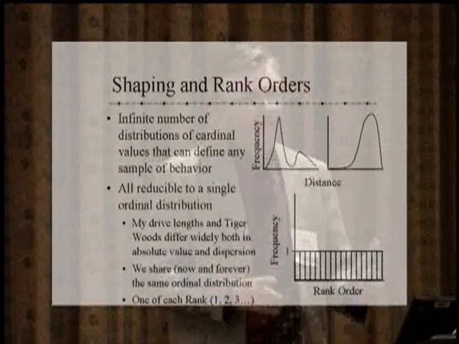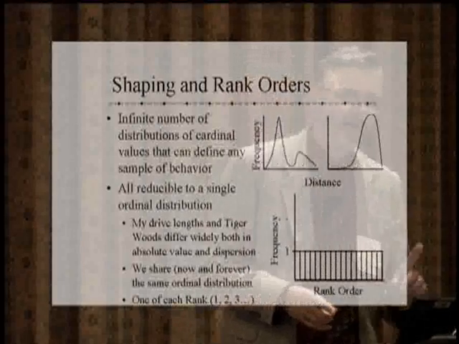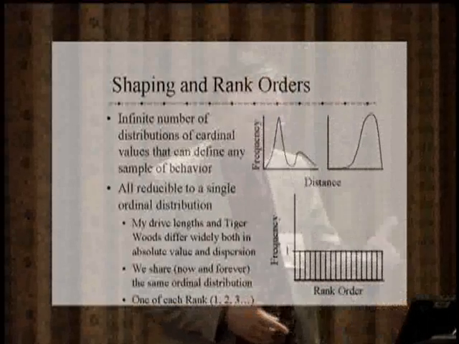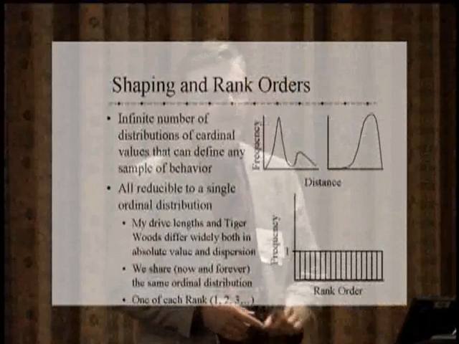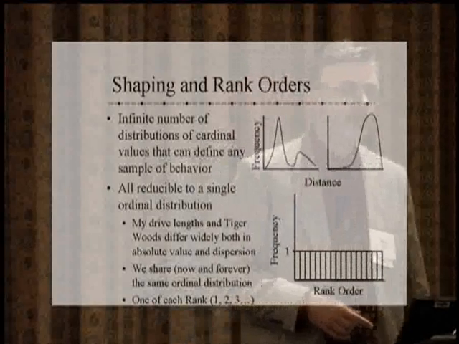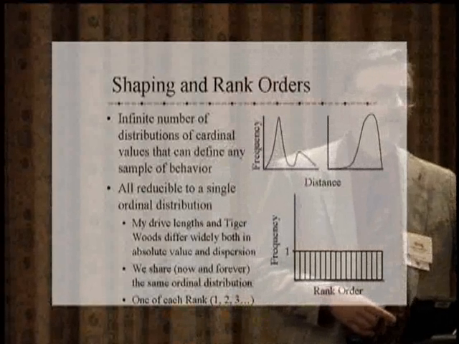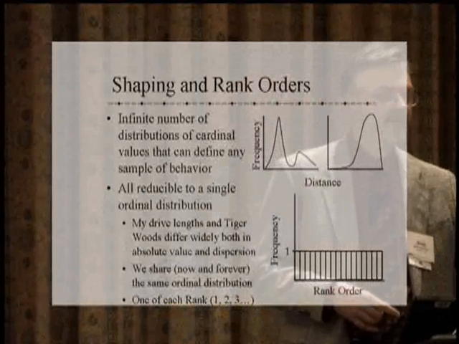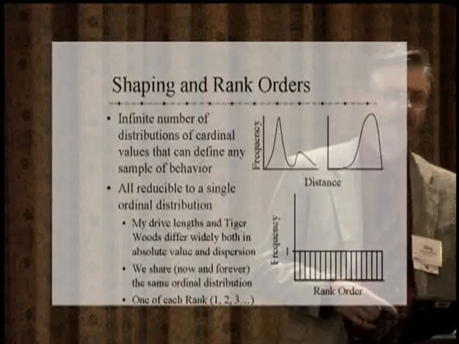Tiger Woods and I share now and forever, at all points in time, the same ordinal distribution of drives. We both have one drive that's our shortest. We have one drive that's our second shortest, third shortest, fourth shortest, etc.